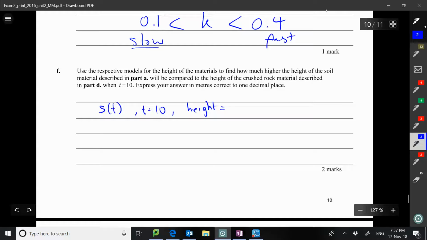And then the next one was height of t, h of t, so crushed rock, when t equals 10, find out the height. And if I want to know the difference, because they're saying compared the height, express your answer in meters correct to 1 decimal place, how much higher? So really just find the heights and then subtract them.